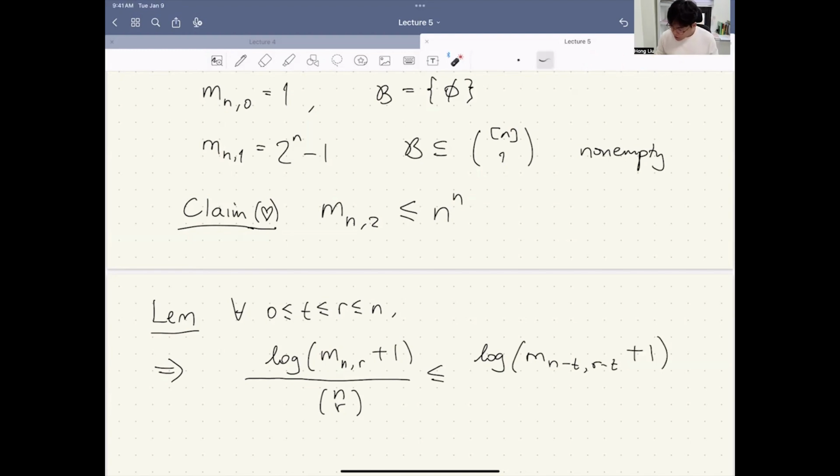So what is this? This is the number of rank r minus t matroids on a ground set of size n minus t, divided by n minus t choose r minus t. Okay.